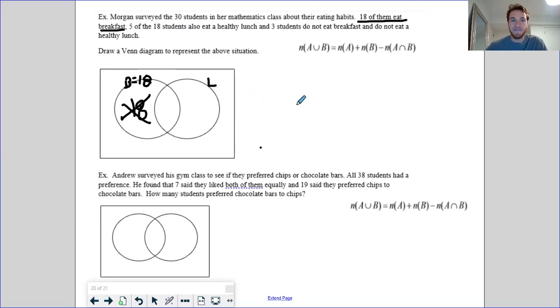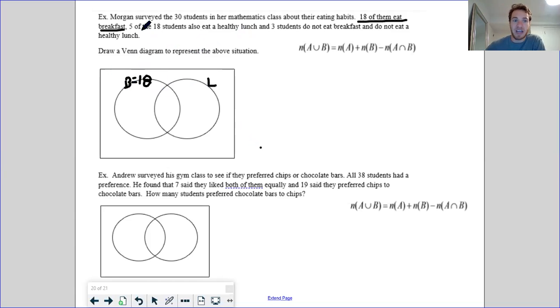If the question said 18 people and you see the word only eat breakfast, then you could put 18 there. But because they're saying 18 people eat breakfast, that means the whole circle eats breakfast. If you eat breakfast and lunch, you're still eating breakfast. So you're included in that 18.